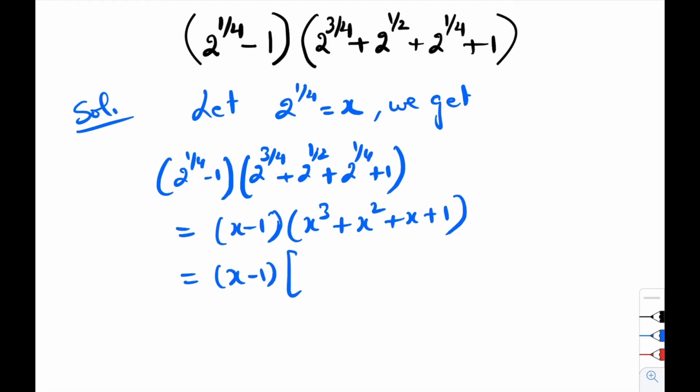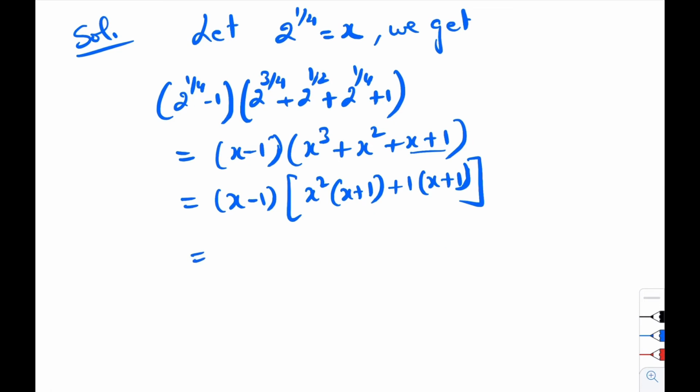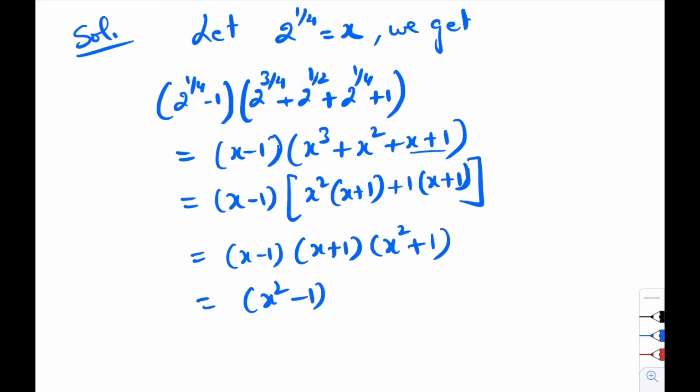From here, in the first two terms we take out x square, and so we have x plus 1, and in the last two terms we take out 1, so we have x plus 1, and this is equal to x minus 1 into x plus 1 into x square plus 1, and this is equal to x square minus 1 and x square plus 1.